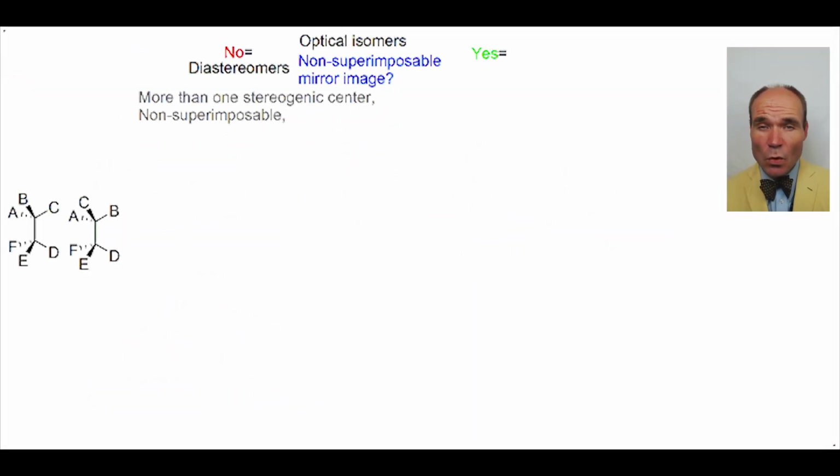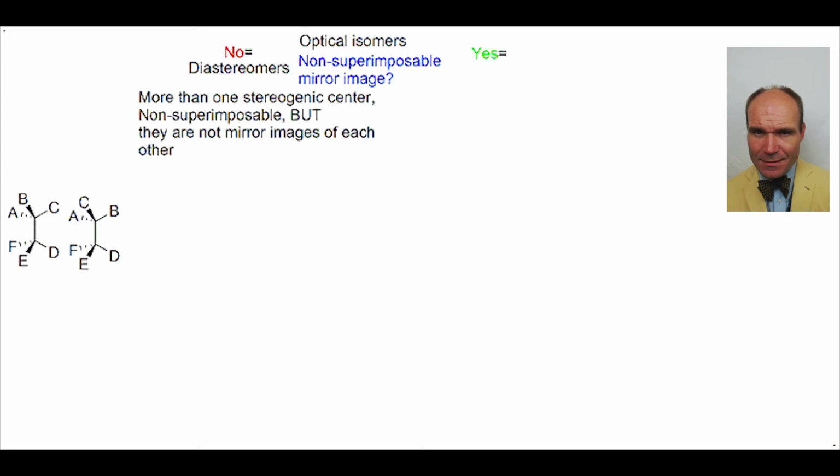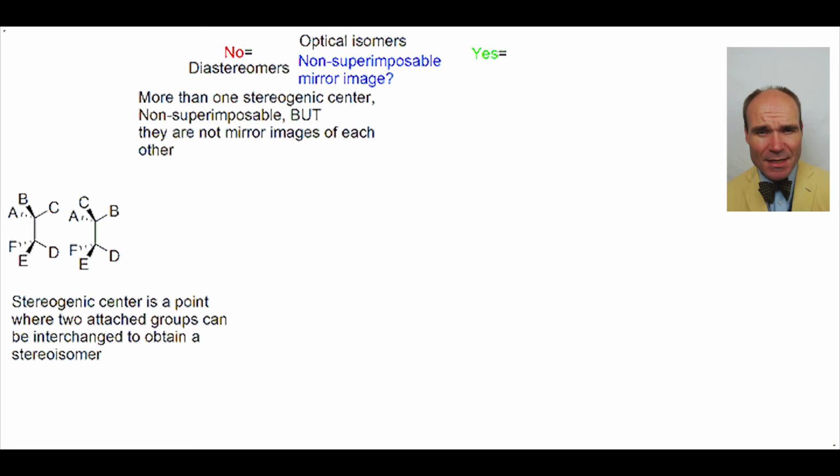Diastereomers have more than one stereogenic center and are non-superimposable, but they are not mirror images of each other. These isomers have a relationship of relative stereochemistry. Stereogenic centers are a point, very often an atom, where two attached groups can be interchanged to obtain a stereoisomer.